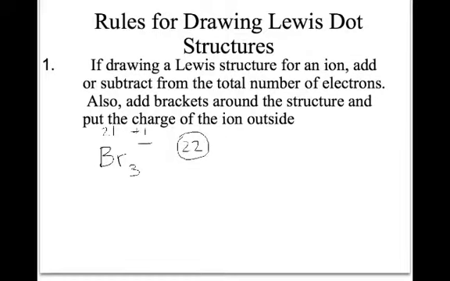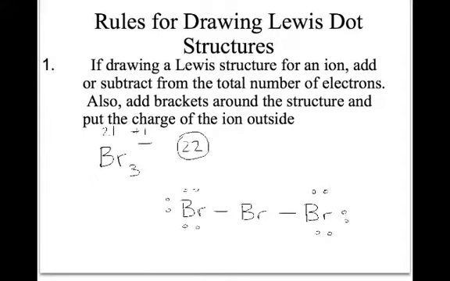So we would arrange these with a central atom and the peripheral atoms, since they're all bromines. Doesn't really matter which one is central. We would put bonds in between, and we would complete the octets of the peripheral atoms.